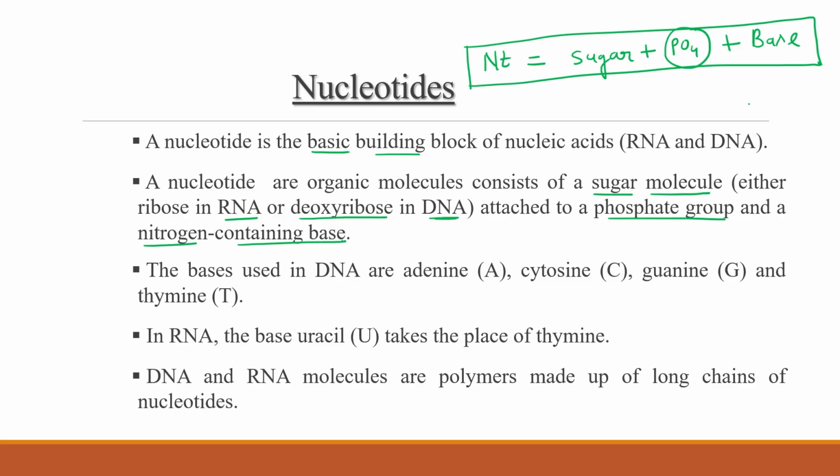And this nitrogen base, for DNA, these are adenine, cytosine, guanine, and thymine. In the case of RNA, this thymine is replaced by uracil. DNA and RNA molecules are polymers made up of long chains of nucleotides.